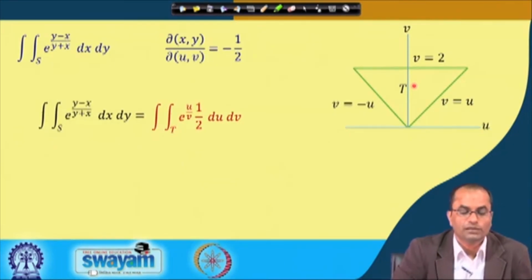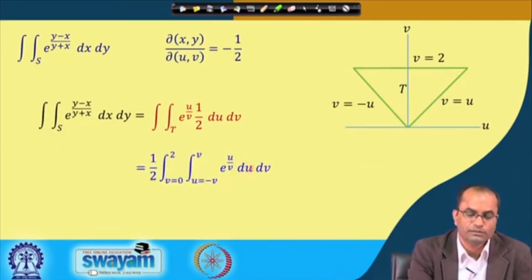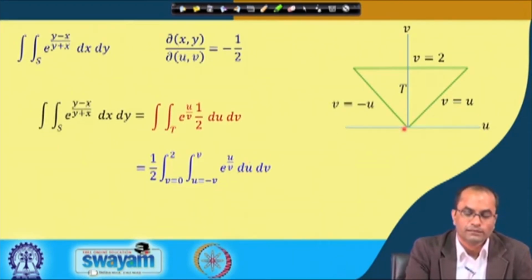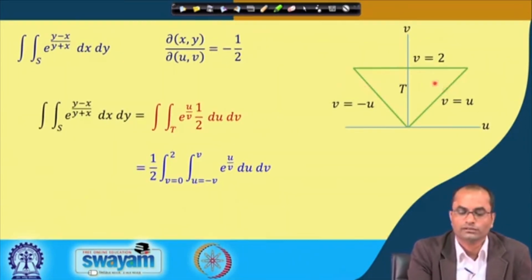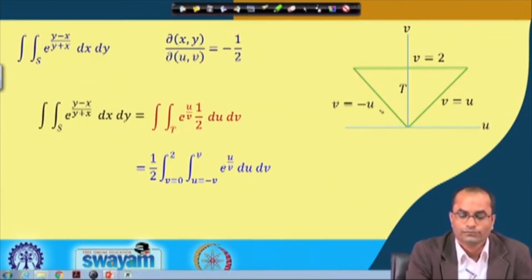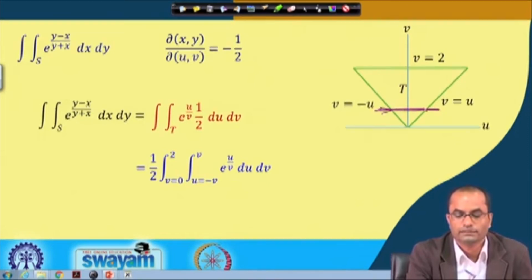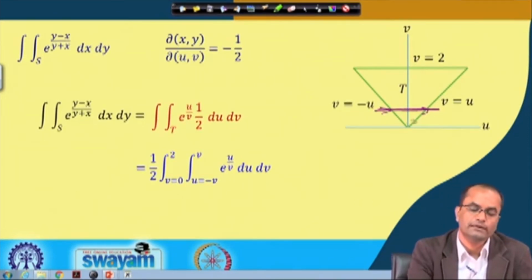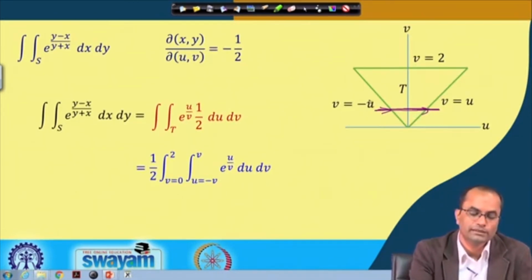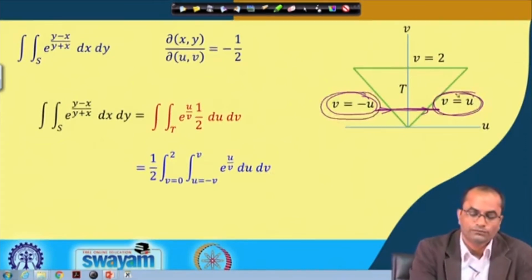So, we have to put now the limits for u and v. So, first if you put the limit of u here, limits of u always from this line to the other one. So, for u we are entering the domain at this line and exiting the domain at that line. That means, v is equal to minus u from here, so u is equal to minus v, and u is equal to v from there.